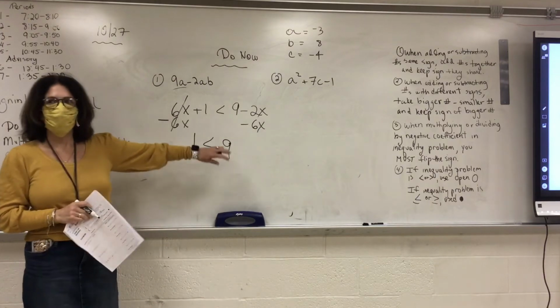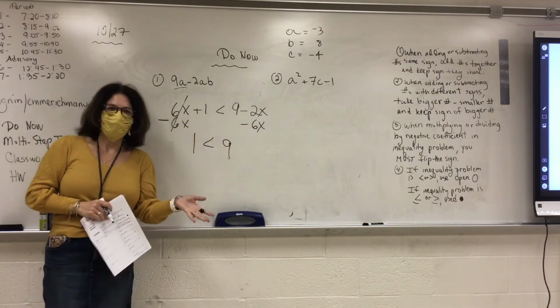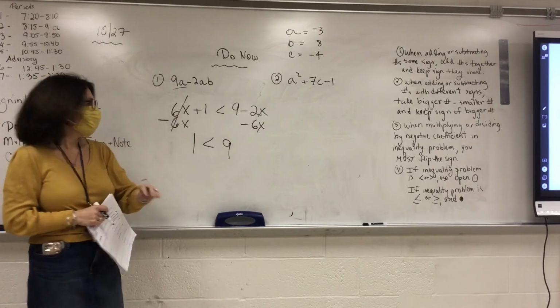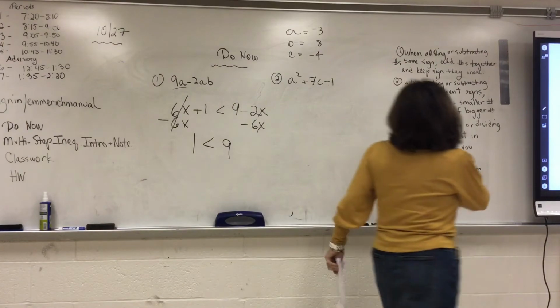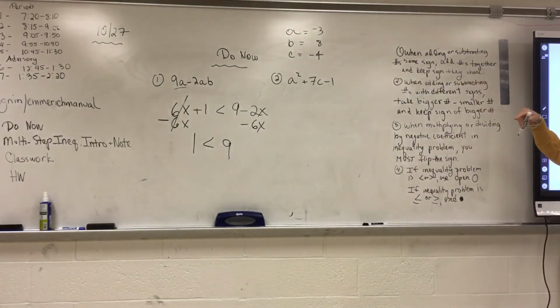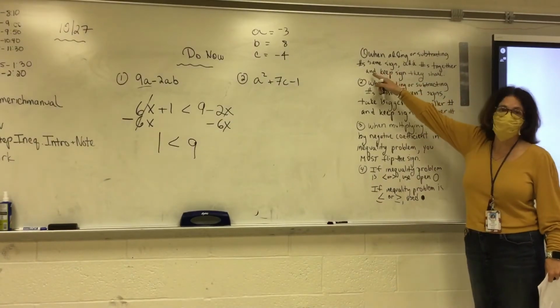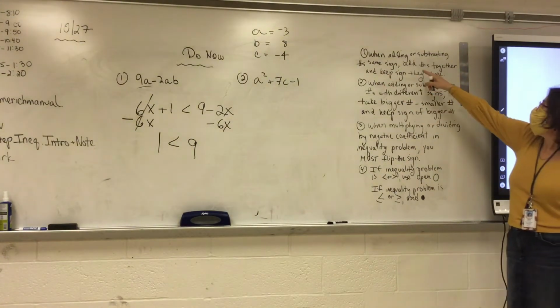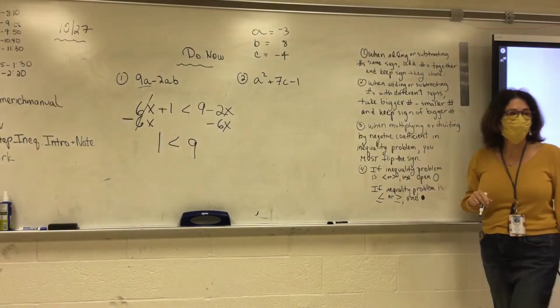Now I come back here, I have negative, oh, I'm so sorry. It was an accident. What is negative 2x minus 6x? So again, looking at my little notes here, when you are adding or subtracting numbers with the same sign, add the numbers together and keep the sign that they share.